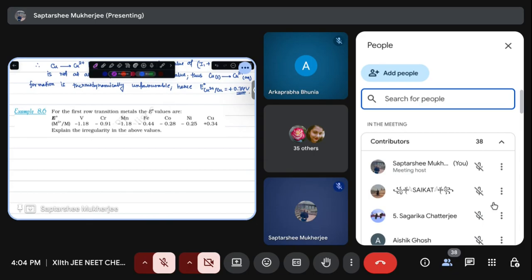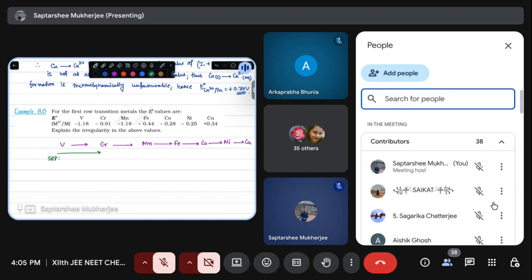So you see, from vanadium to chromium to manganese to iron to cobalt to nickel to copper, mostly the whole spectrum is given. What is happening to the SRP values? Vanadium to chromium, it is increasing or decreasing? Increasing.